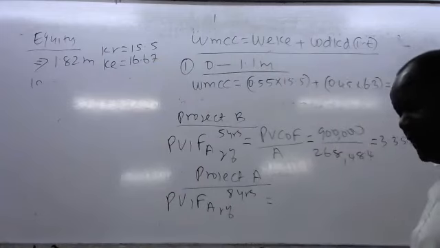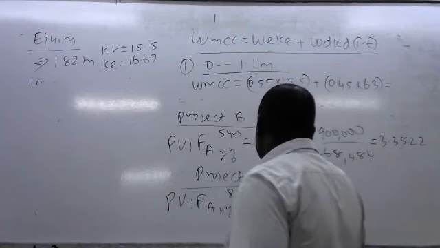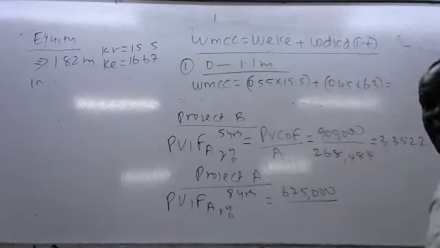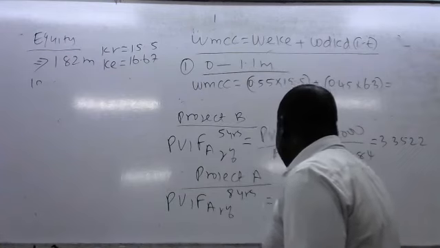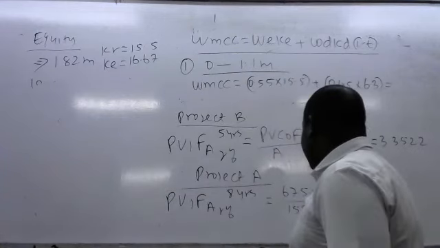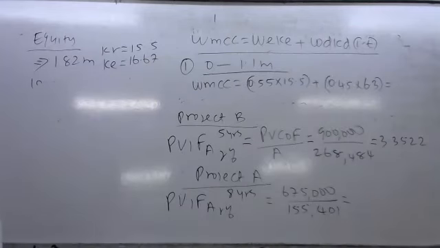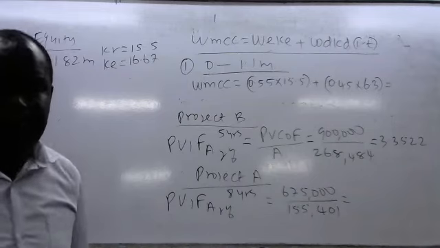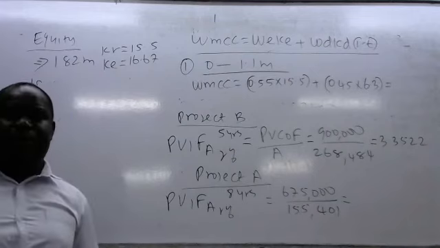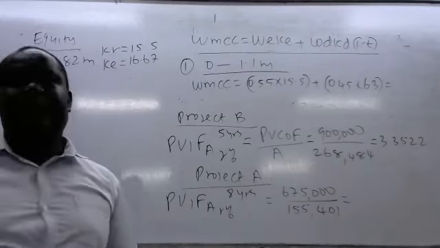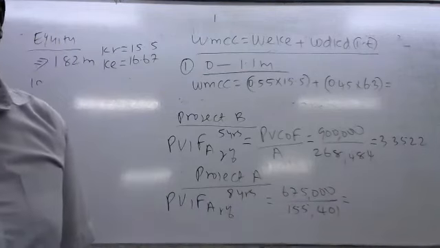The present value for the cash outflow for project A was 675,000. Then the annual cash inflows, they gave us 155,401. Get that figure, round it off into 4 decimal places, then check up. It falls under what percent?